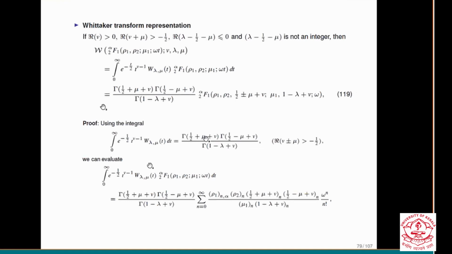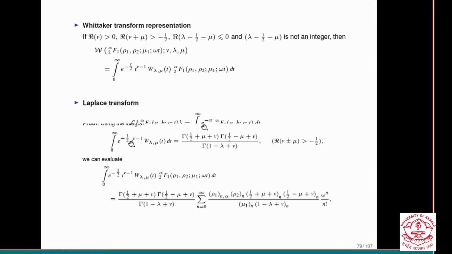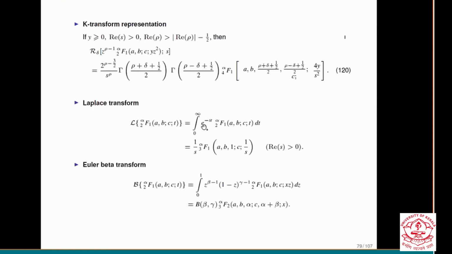We will use this one to prove the theorem. And this is your K transform. This is the K transform representation, and this is your Laplace transform of this function. Finally we obtain this result. And the beta transform, so we get this one.